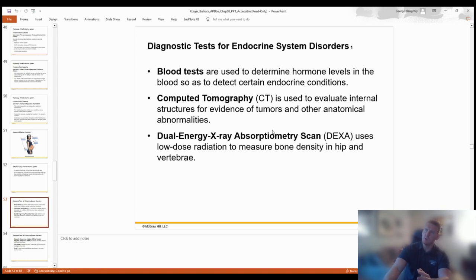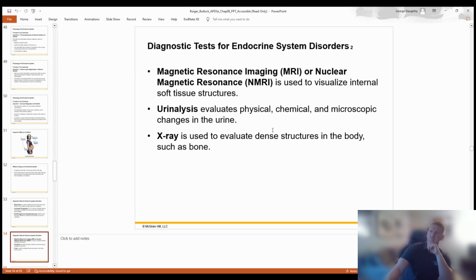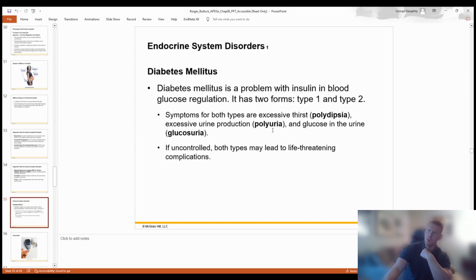Then we can use computed tomography or a CT scan, or we can even do a DEXA scan to see the amount of hormone at different components of the body. But in any case, we have to know how much hormone is in a particular area, and then we can render a diagnosis. We could do an MRI, we can do a urine analysis, and then, of course, an X-ray as well.